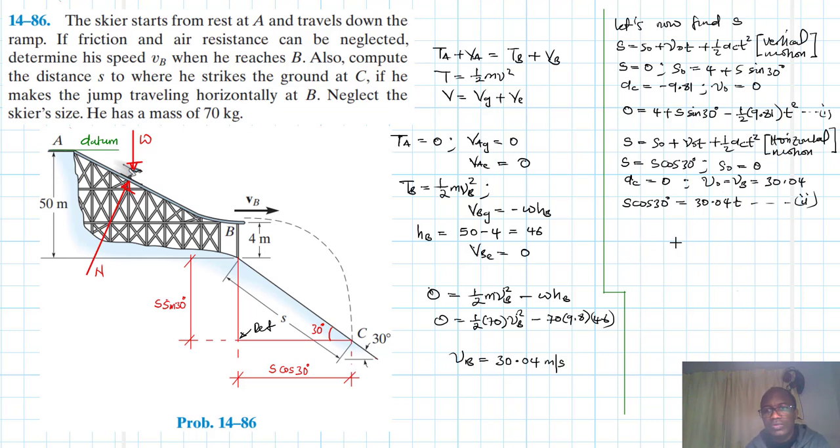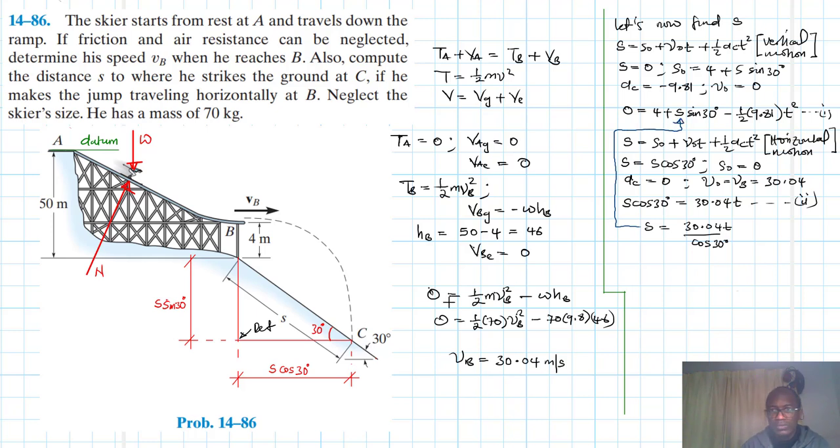Of course, there are several ways of solving this. Let's replace our S there. We make S the subject of the formula, so S equals 30.04 t divided by cos 30. Let's replace this here.